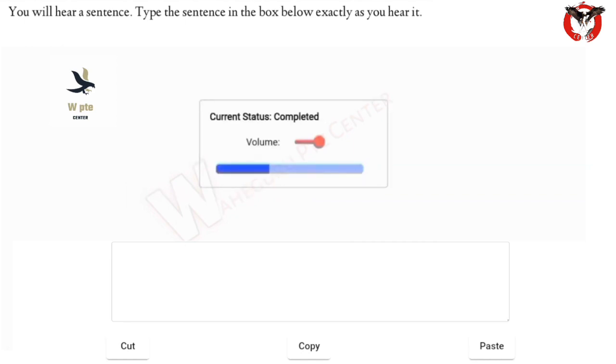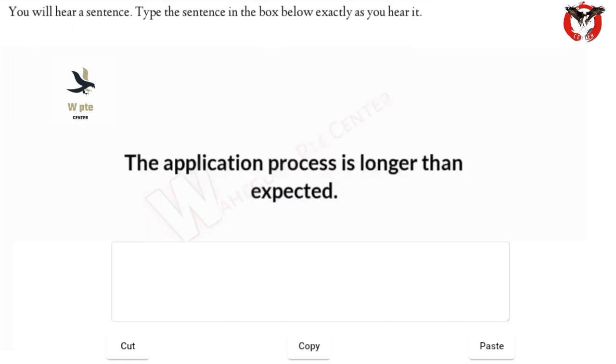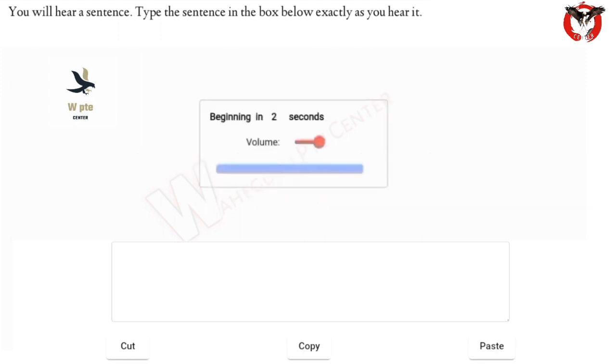The application process is longer than expected. A person's education level is closely related to the economic background.